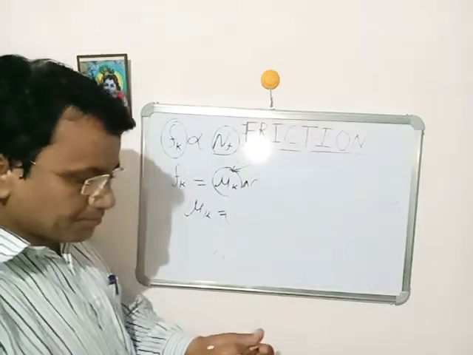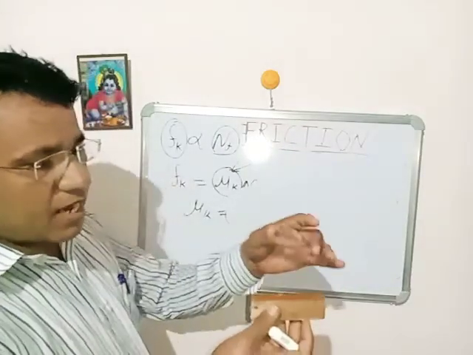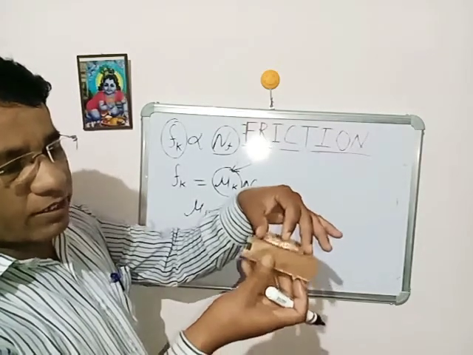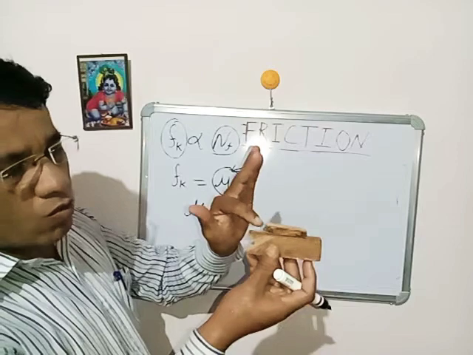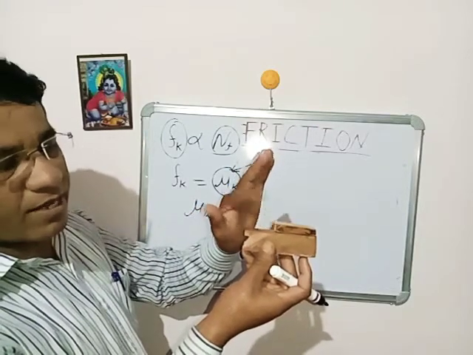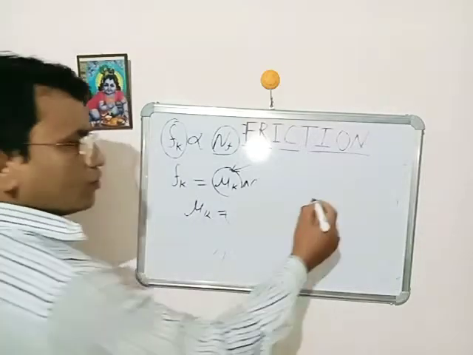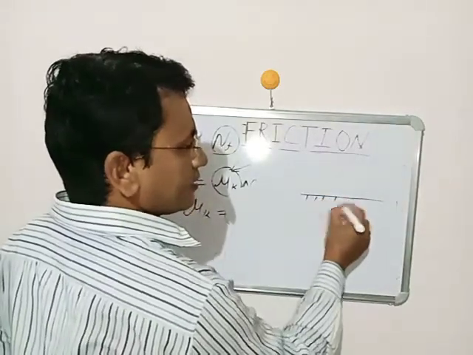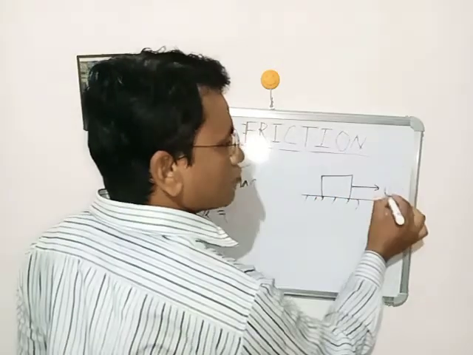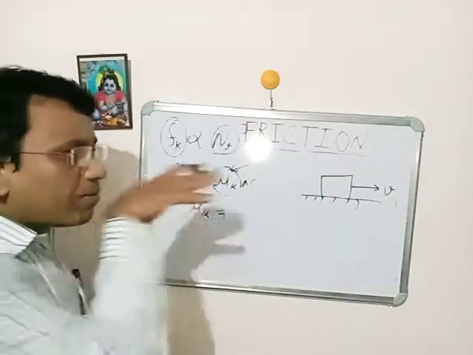Suppose I have a block and that block is moving with velocity v in the plus x direction.